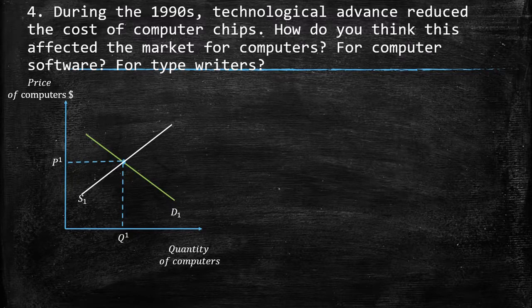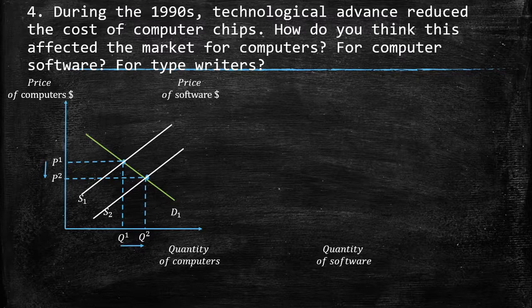If I think that the computer chip is an input for the computers, it's going to be a decrease in the price of the input, so the supply is going to shift to the right. So it's going to be a decrease in the price of computers and an increase of the quantities in the market, which I think makes sense.